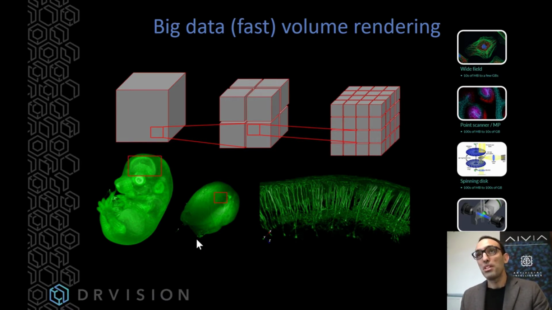So back with Aivia 6, what we introduced, just as a reminder, was a multi-resolution, multi-block architecture for the file, which makes it behave a little bit like Google Earth. You can zoom in and zoom out and really handle extremely large data sets, so multi-terabyte data sets on a regular computer.